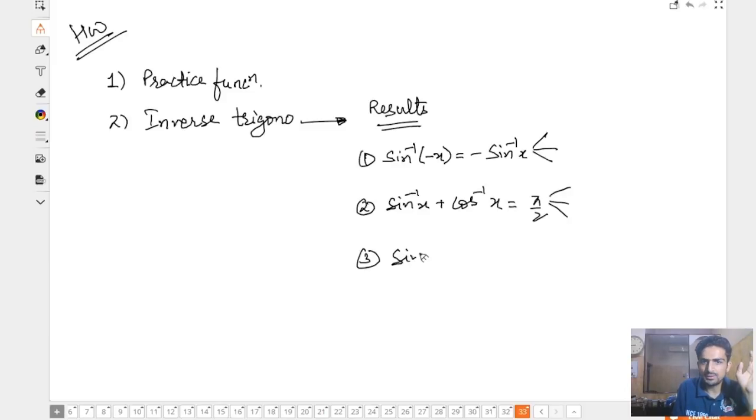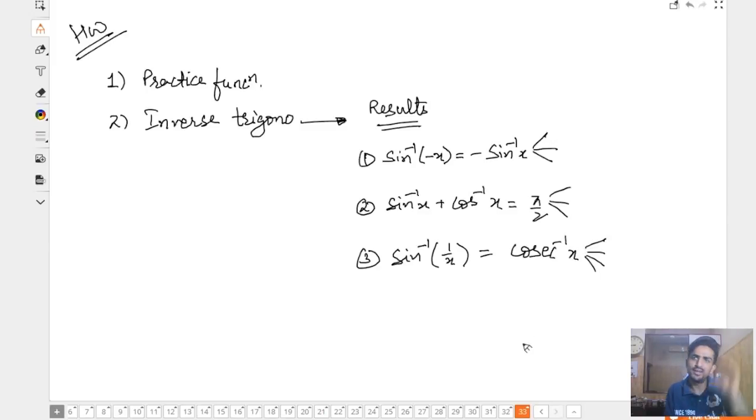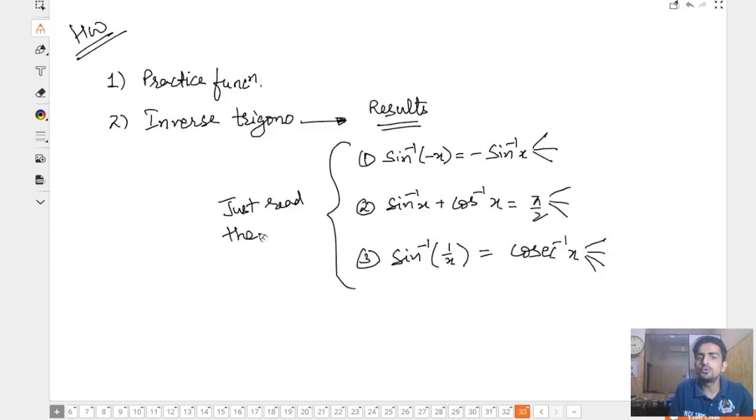And sine inverse 1 by x is cosecant inverse x. 2, 3 of this form. They will be in continuation. What you have to do is just read them. By that I mean you should be knowing the results as such, just like a formula, and try 1 to 2 examples on each.